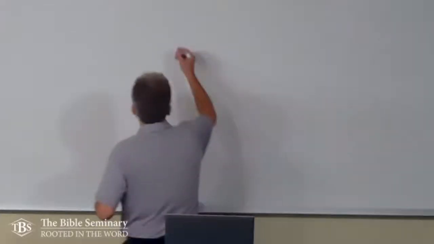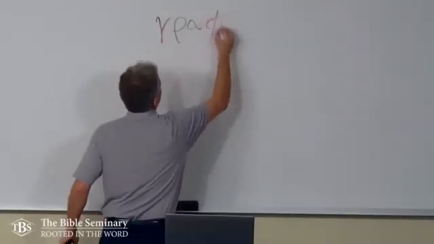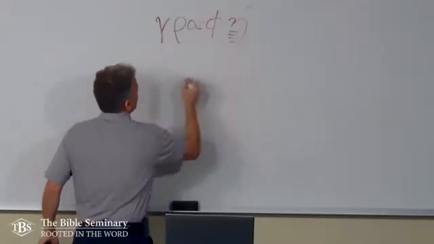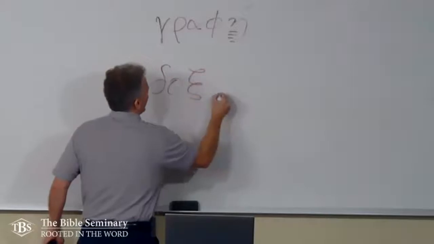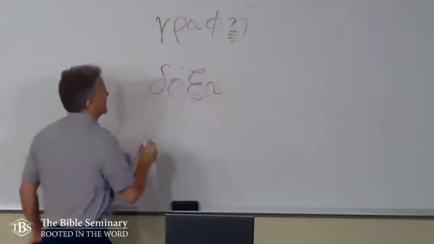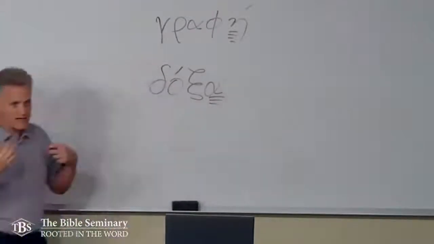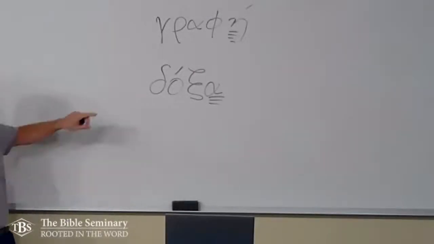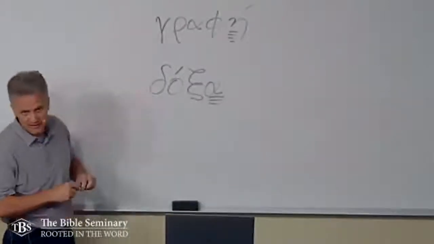Okay, so graphe, that is ending in eta, whereas doxa ends in alpha. So for me, the two paradigmatic words for the two forms of the feminine declension are graphe type, I'll use that term, and doxa type.